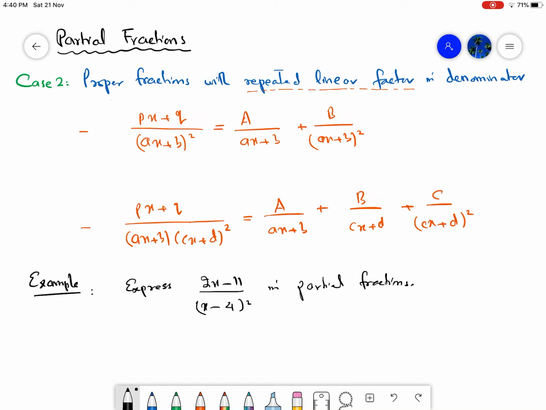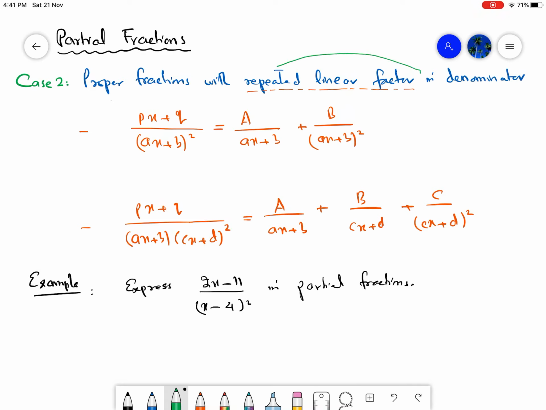Okay, students, now let's have a look into the second case in which we have to find the partial fraction. In the second case, it is a proper fraction with repeated linear factors.